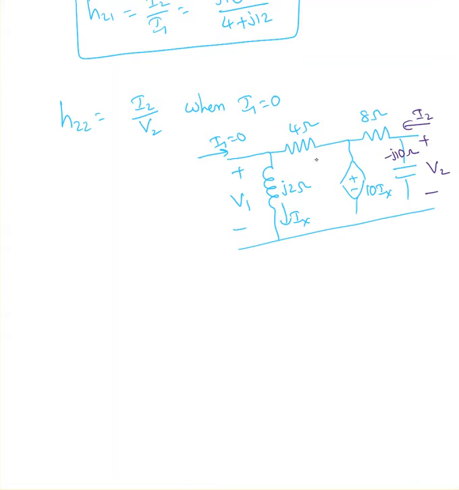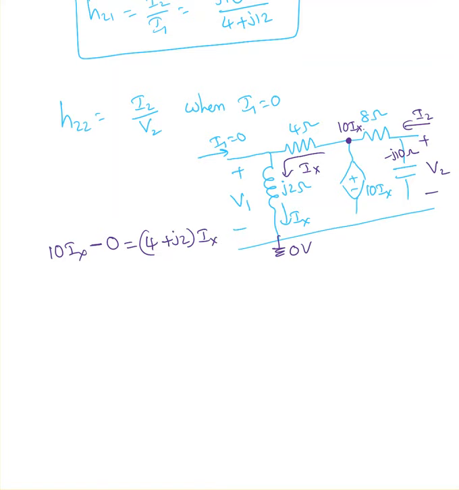Since I1 equal to 0, whatever current comes in must be Ix, and the voltage at this point must be 10 Ix. The voltage at this other point must be 0. So 10 Ix minus 0 equal to 4 plus j2 Ix.